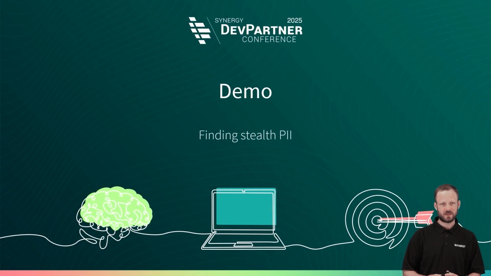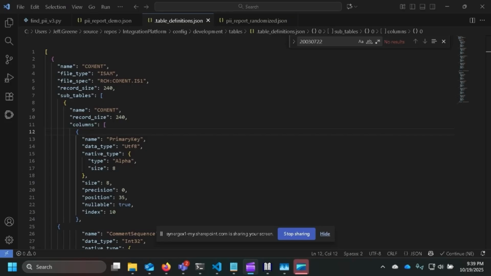And here is an actual demo of finding that stealth PII. What we have here initially is how we convert from Synergy data types and Synergy records into something that we can use in Parquet or anywhere else for that matter. We have these mappings. These are what drive a lot of the integration platform.